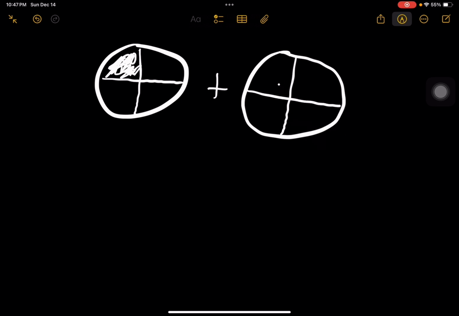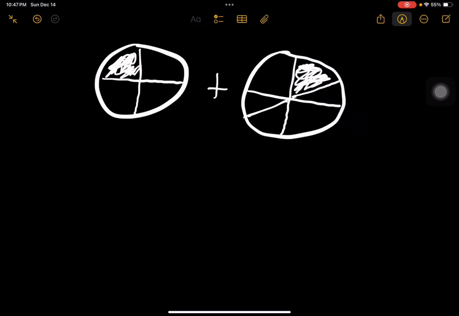And in this pie, we will have 6 slices. So 1, 2, 3, 4, 5, 6. I should have just drawn that line straight across. So now we have 1, 2, 3, 4, 5, 6.